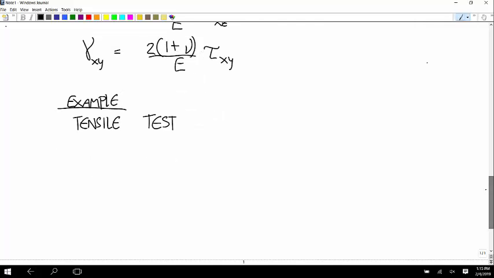Okay, so let's say we have a thin plate.